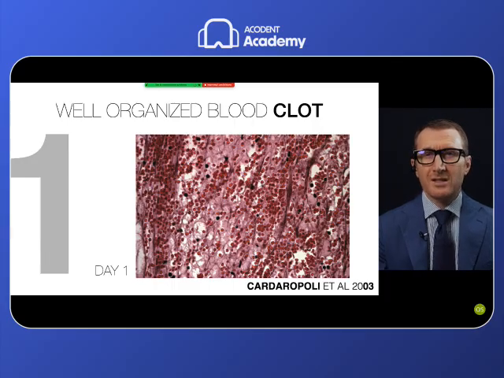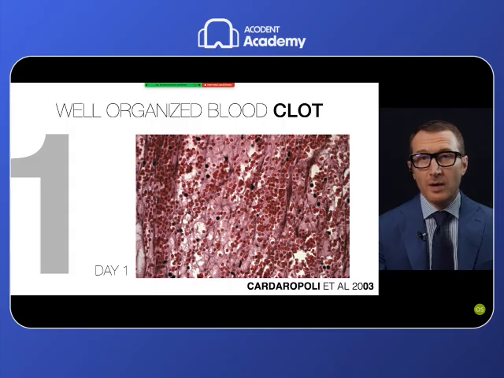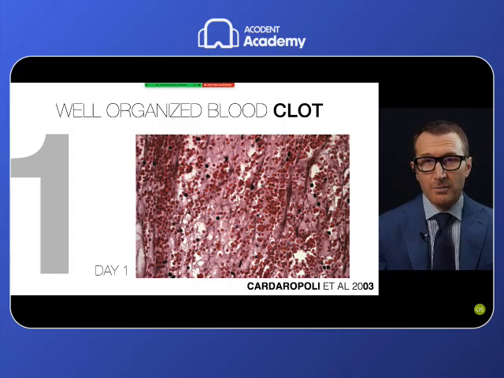Think about what is happening when we have a dry socket, meaning that when we extract the tooth, we are waiting firstly for the blood clot formation, then the patient leaves the clinic, and after 3 days the patient is coming back complaining of pain.